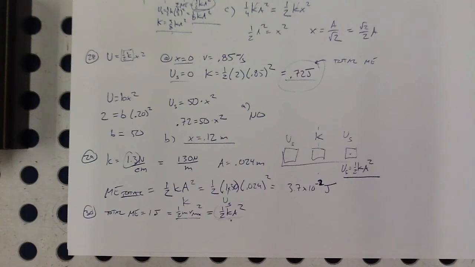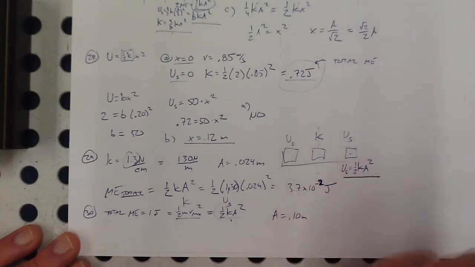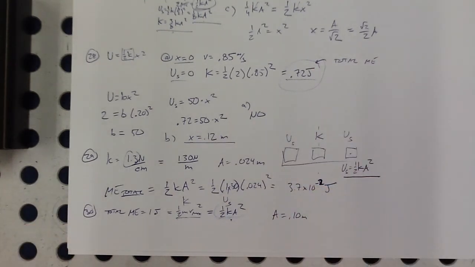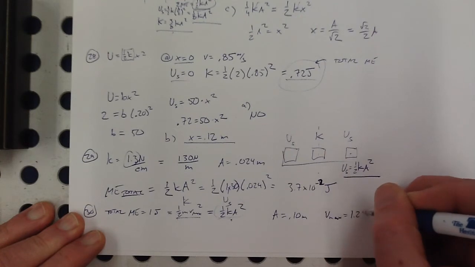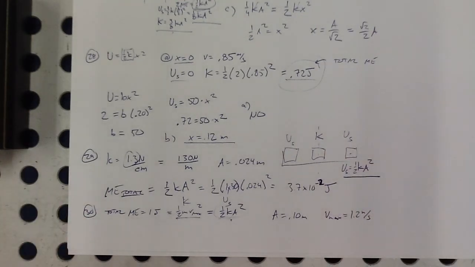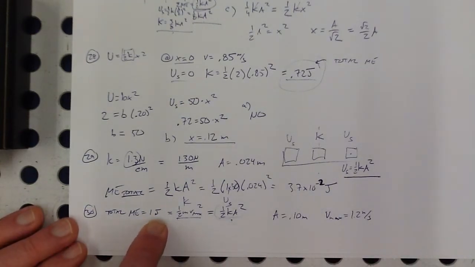So let's see what we have here. It's got an amplitude of 10 centimeters and a maximum speed of 1.2 meters per second. And we want to find the spring constant, mass of the block, and the frequency. So that is equal to 1/2 k a squared.